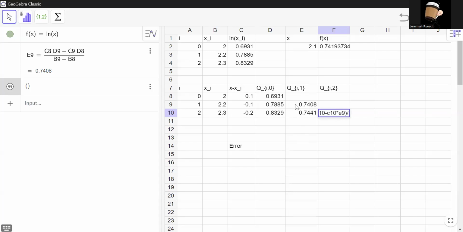And then we're going to divide that by B10 minus B8.